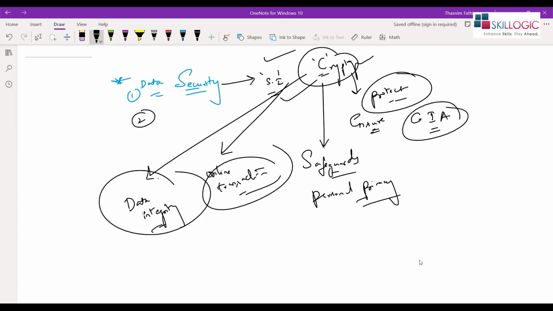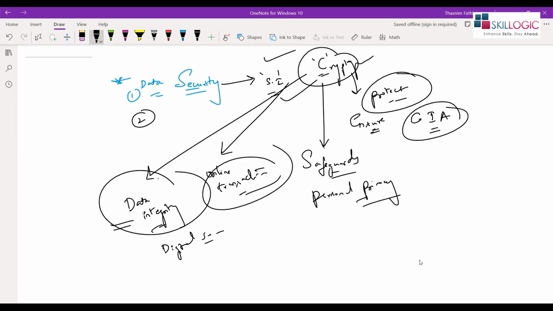Cryptography is also fundamental for securing military and government communications, protecting national secrets and critical infrastructure from cyber threats. Overall, cryptography is a cornerstone of digital security, enabling trust and reliability in various aspects.